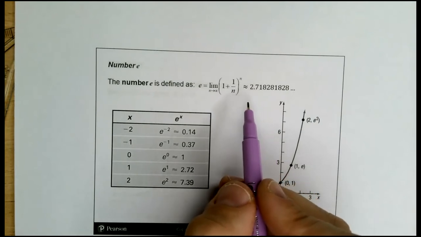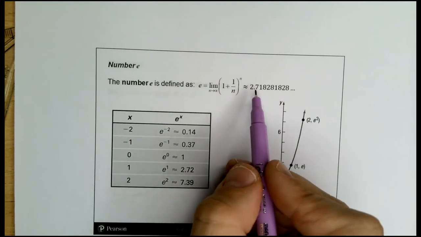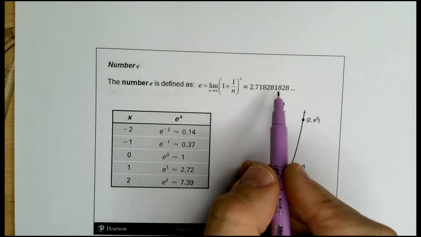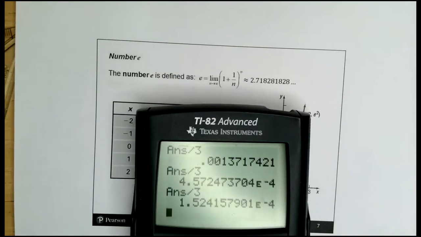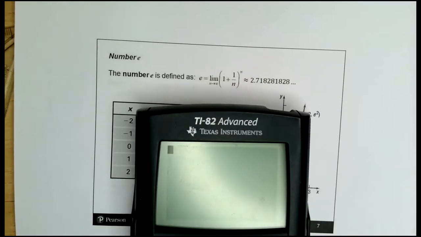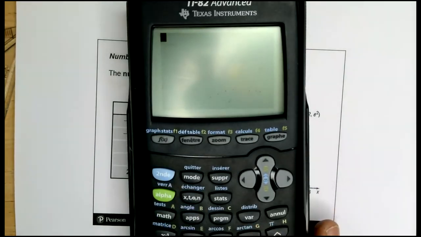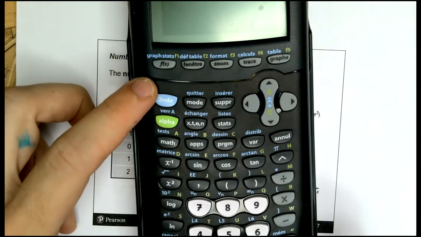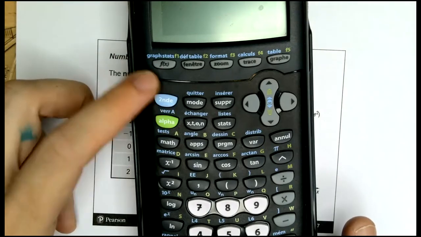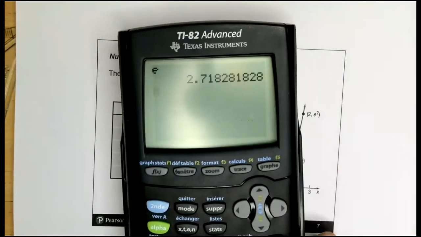It also has a numerical value that we can approximate as 2.718281828, etc. It's in your calculator, kind of like pi is a number and it's in your calculator. On a TI calculator, it should be above your division button, after you hit second.